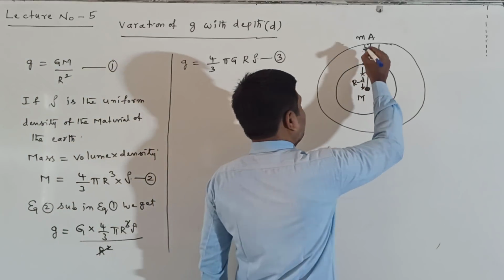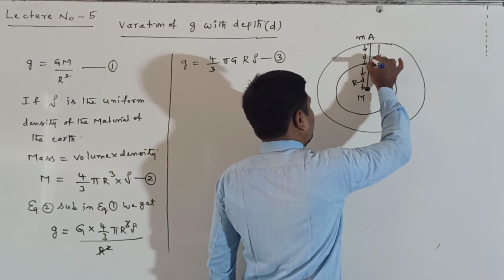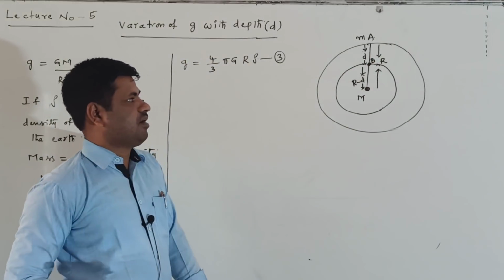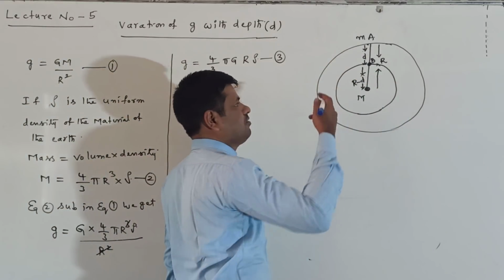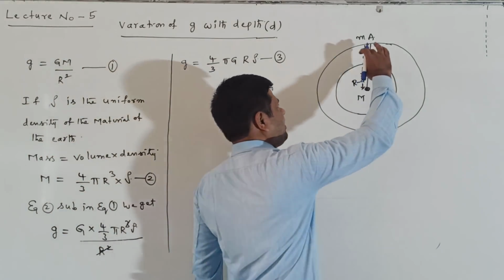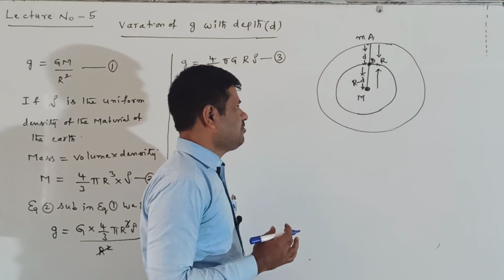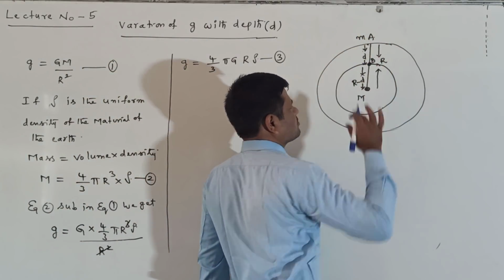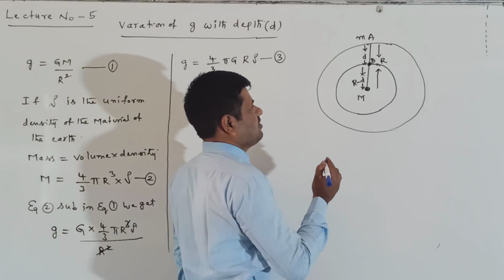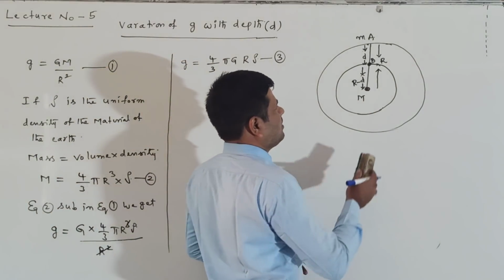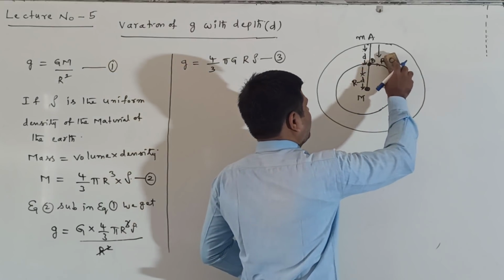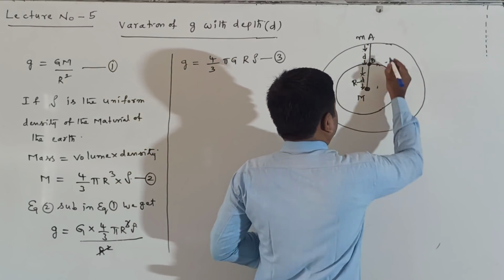The body having mass m is taken to depth d, and I am showing the radius here.